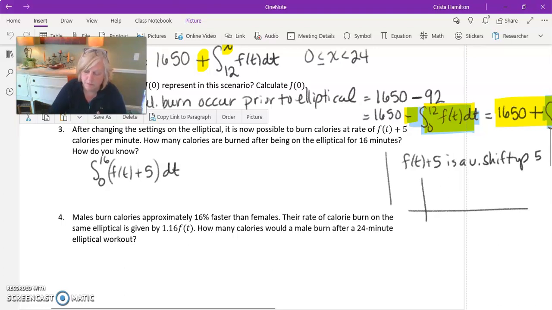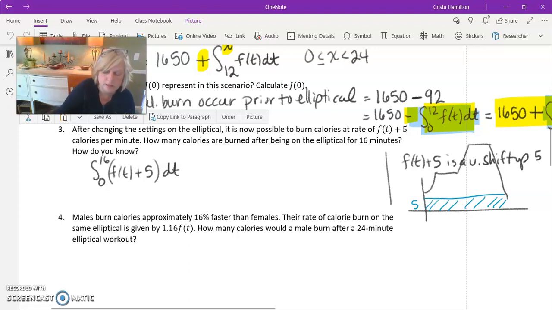It'll still have the same shape as it comes through. I'm just doing a quick rough sketch of it based on what we had. Okay, but it's going to shift it up. So there is this additional amount right here that is the shift up of 5 from what it was. Remember that when we're doing the net accumulation, it's just the area under the curve.